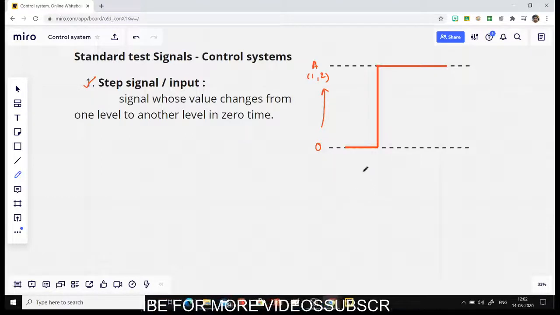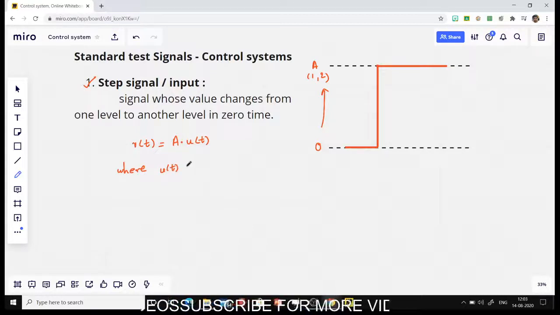The same thing, if I try to do a mathematical representation of it, the function will be time dependent, r of t, which is my input, can be A times u of t, which is the unit step function. So we can find the various values for this u of t.